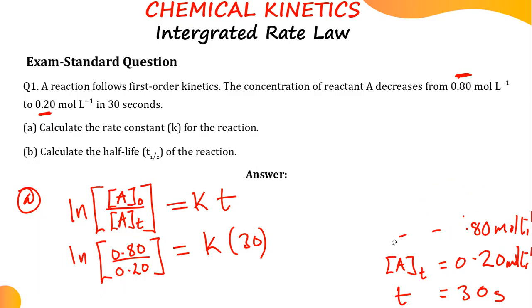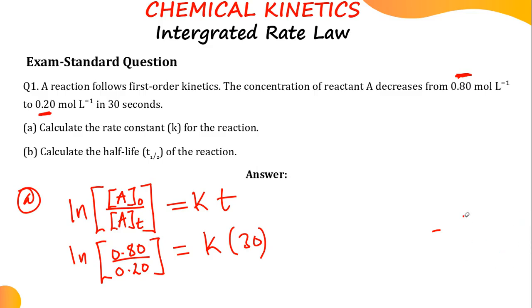Let me create some space so that we utilize this. Is it making sense? Are you able to get something from here? Okay, so this is what we expect. Now, when you divide these two inside, what are you getting? 0.80 divided by 0.20. You don't have calculators?